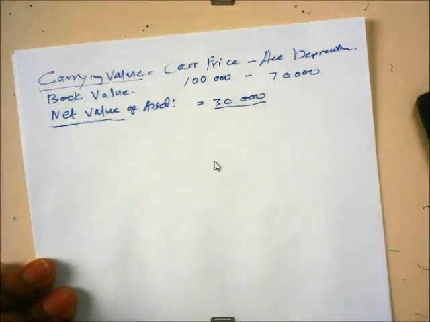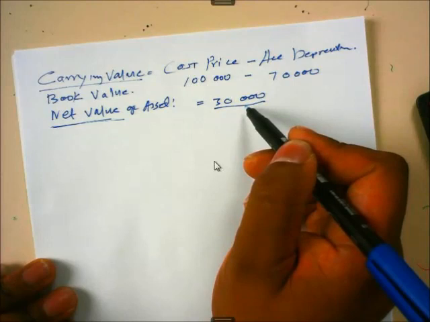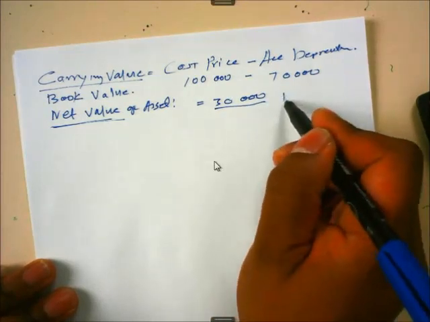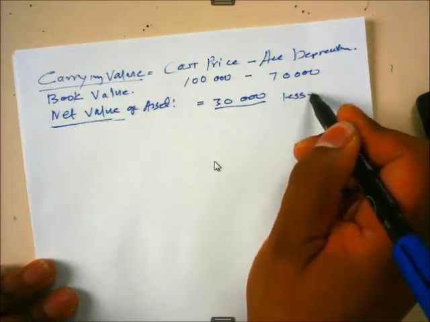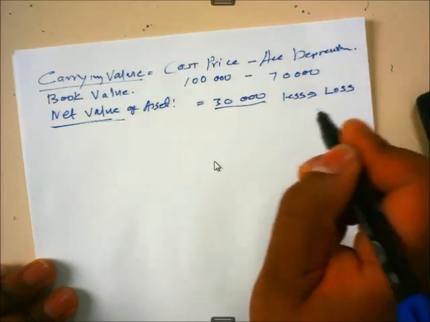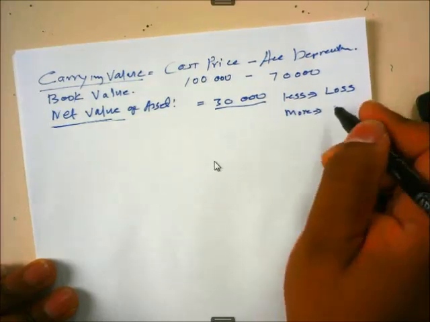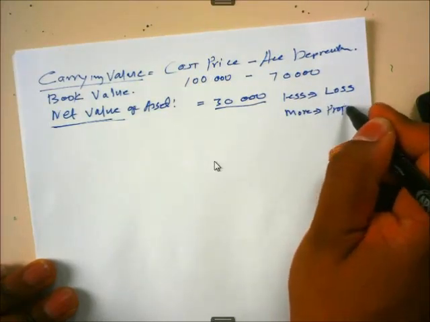If I want to sell this asset, I must sell it at least for 30,000. If I sell it for less than 30,000, then I will sustain a loss on that transaction. If I sell it for more than that, then it means I will sell it at a profit.